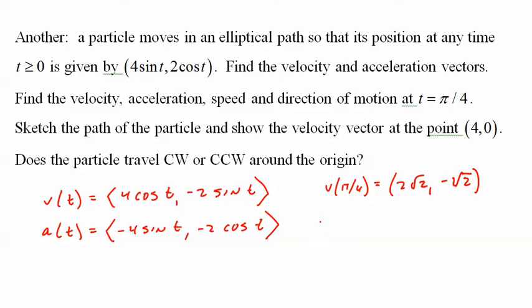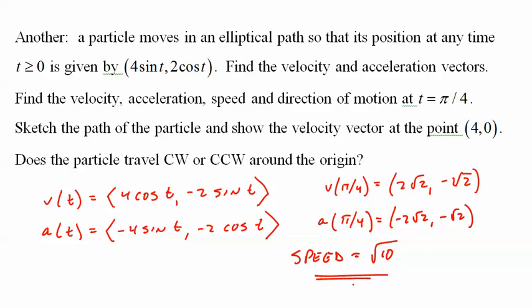A of pi over 4 equals negative 2 root 2 comma negative root 2. Weird. And then the speed, if you use the velocity up above, you should get 10.